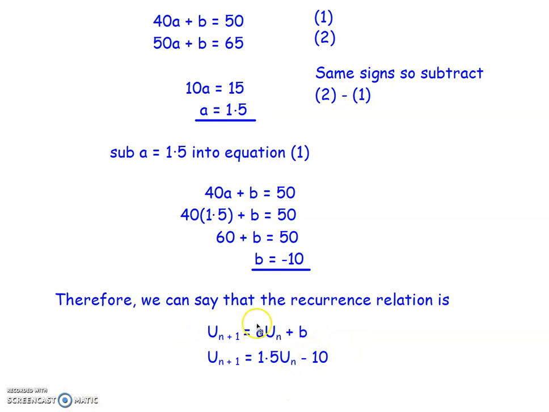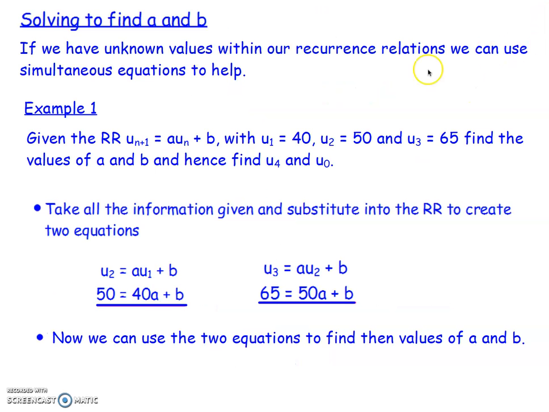And that is the recurrence relation which we would usually start with. In this question we've worked backwards to get what this recurrence relation formula was. So let's have a look at the next part of the question. It asks us to therefore find the values of u4 and u0.